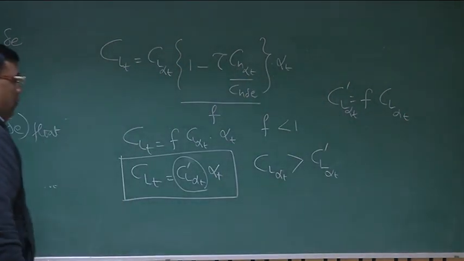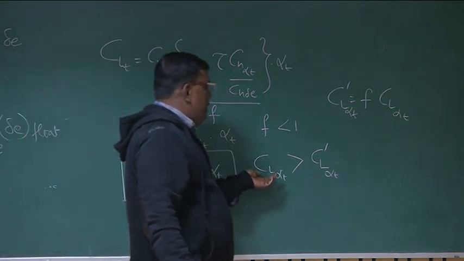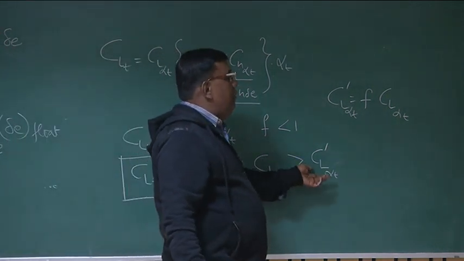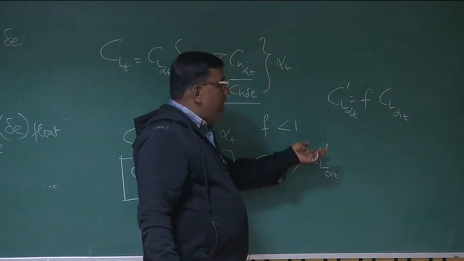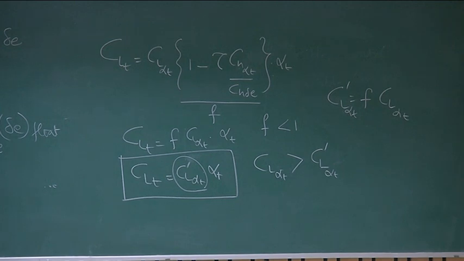And F is less than 1, so I can always see that CL alpha t is greater than CL alpha t prime when the elevator has been permitted to float.